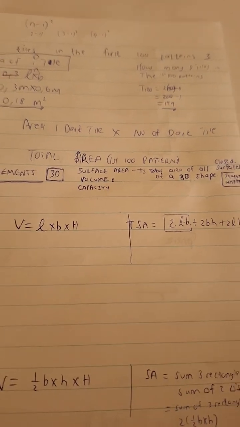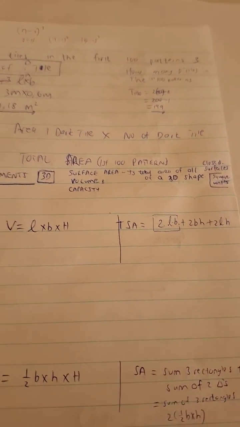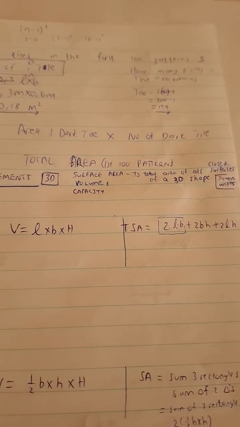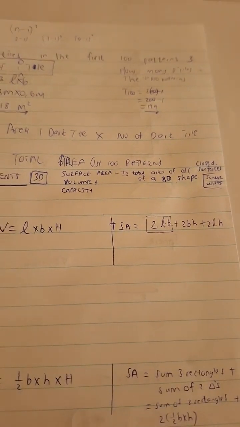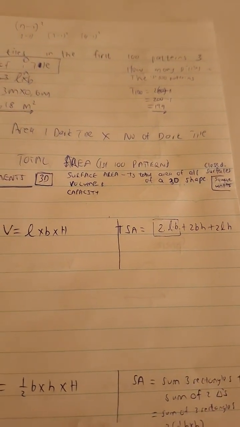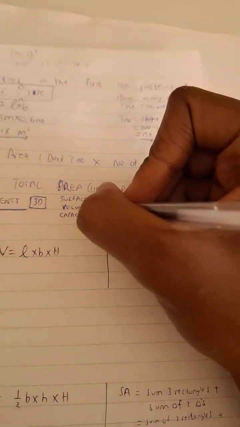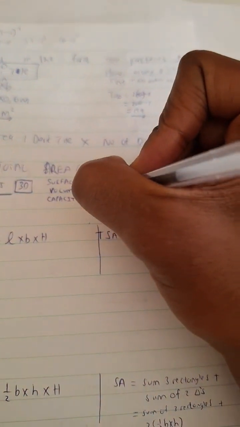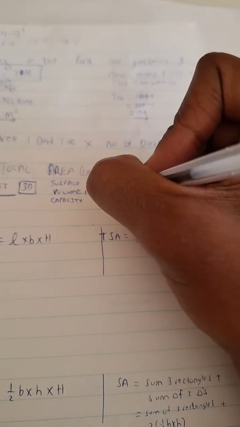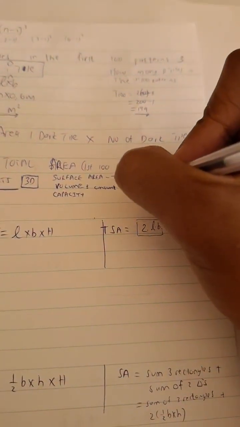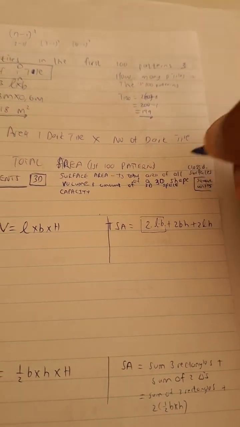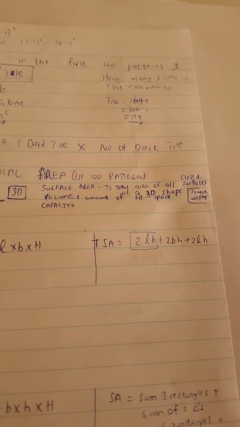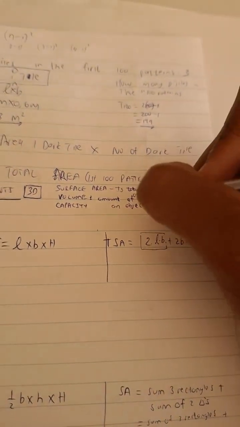Volume is the amount of 3-dimensional space that an object occupies.